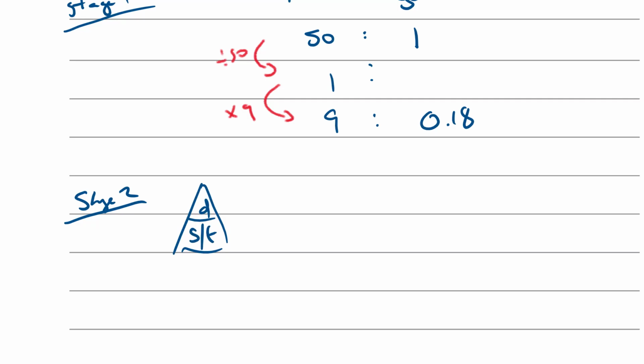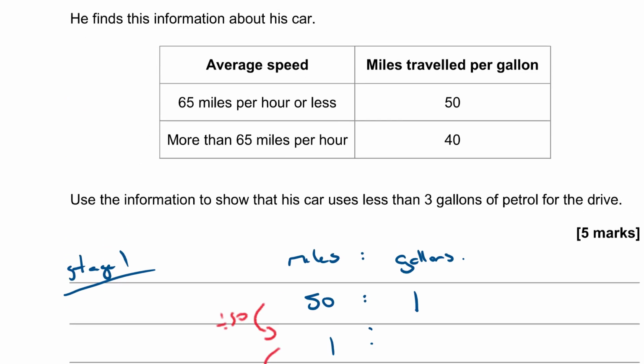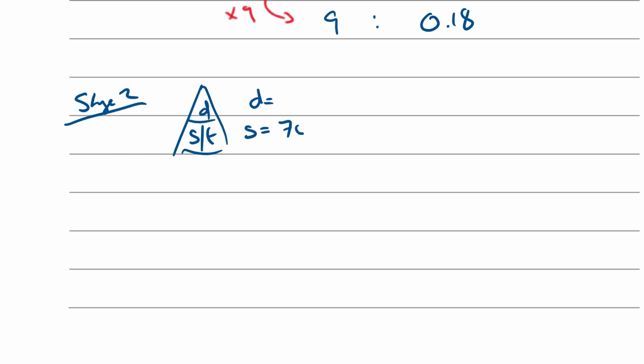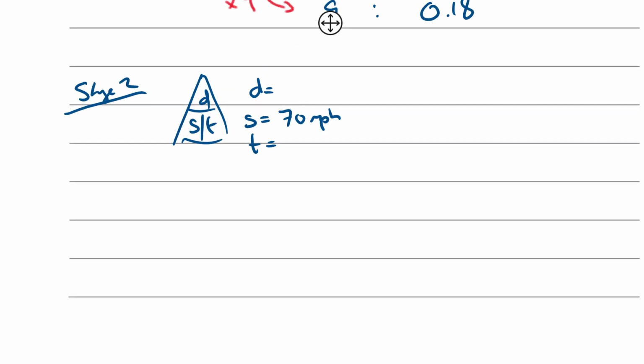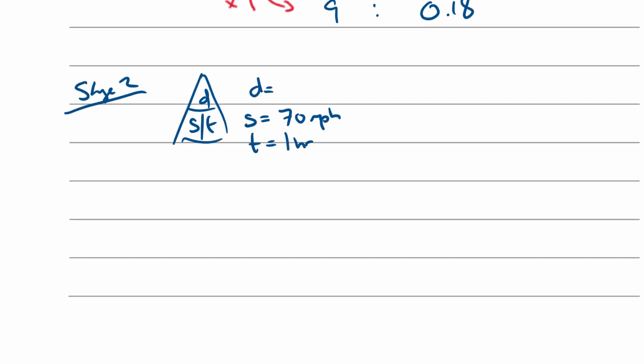So, DST triangle: distance, speed, time. The distance is what I want to find. I know the speed. The speed was 70 miles per hour. And the time taken was 1 hour 36 minutes. Now, hours and minutes is not so nice, is it?